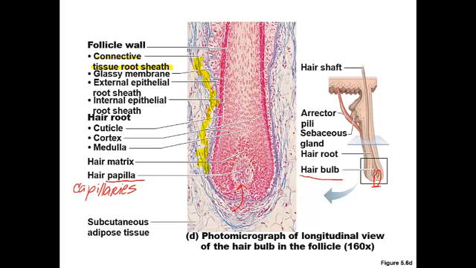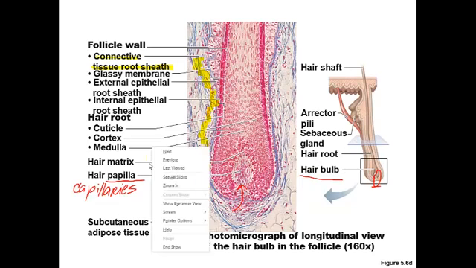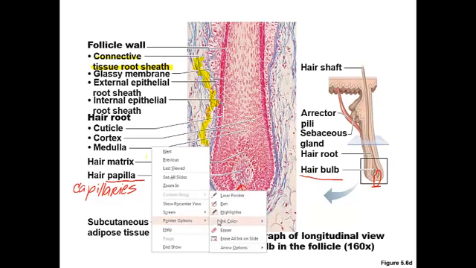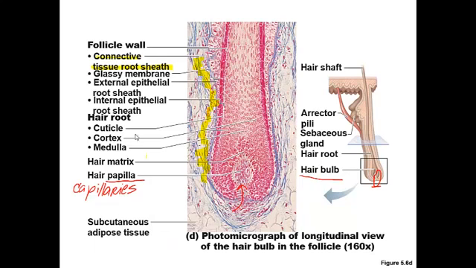And then there is an epithelial root sheath, which is going to be closer to the hair root itself. Now the cells that make up the hair matrix are going to be the ones that are actively dividing. You can think of them as being analogous to the stratum basale, and so they're constantly going to be dividing in the hair matrix.